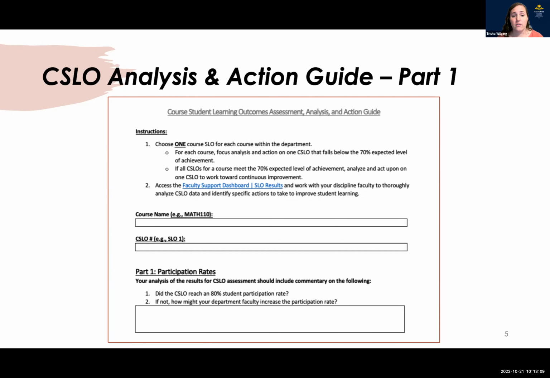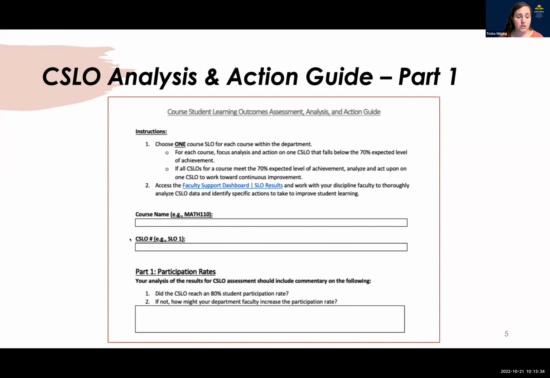And if they have a student learning outcome, for example, that falls below the 70% expected level of achievement, that's the one we want them to analyze and act on. But if all of their courses meet that 70% expected level of achievement for course SLOs, then we ask them to still choose one course SLO to act on to work toward continuous improvement.